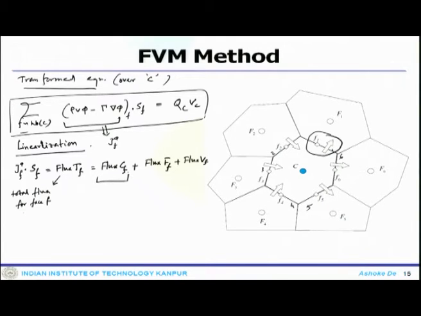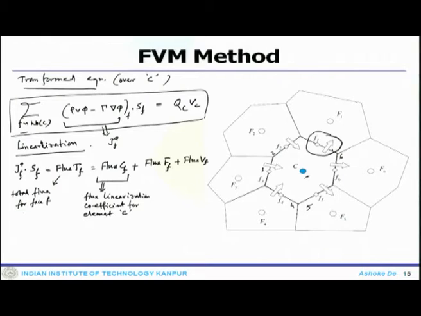What is this term? This term actually represents the flux linearization coefficient for element C. That means this is the element which I am interested in and trying to get the equation integrated over.